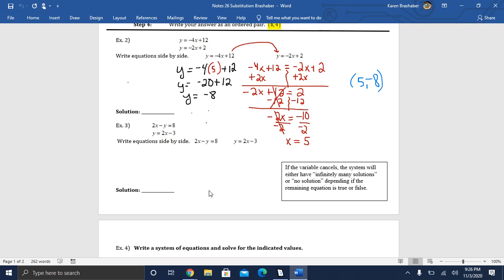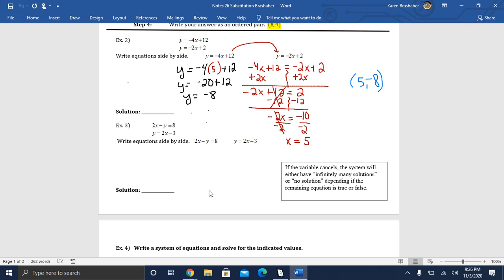So I could check by substituting in 5 for my x and seeing if I get -8 for my y, and I do. And it has to work in both equations. So if I substitute 5 in here, -2 times 5 is -10 plus 2, and that's -8.